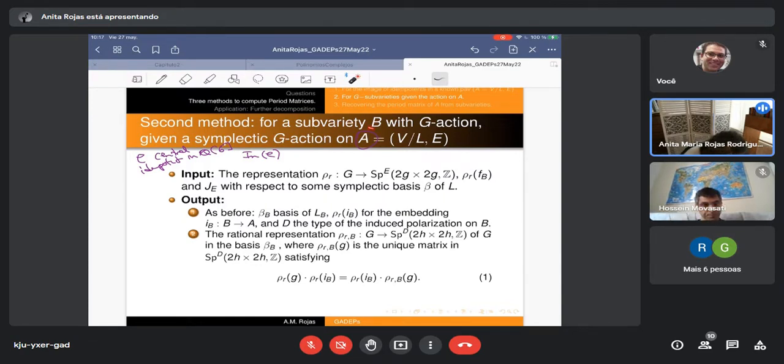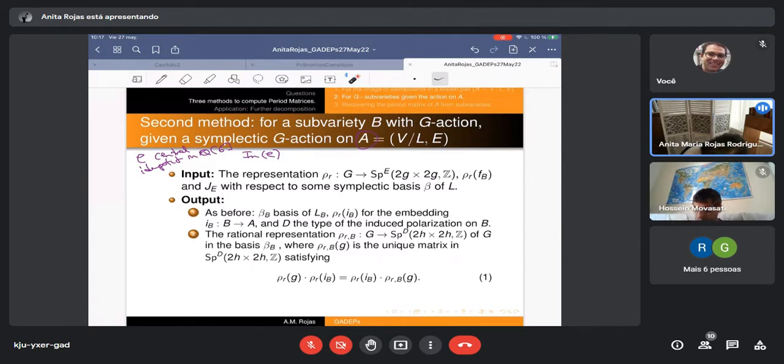Okay, so for this, you just need to have G action. You don't need a period matrix of anything. It's different from the first method, where you need the period matrix of the ambient variety. So you have the symplectic representation of the action, and you have the polarization of the variety you want to study. Okay, and with that information, you can find the following things.